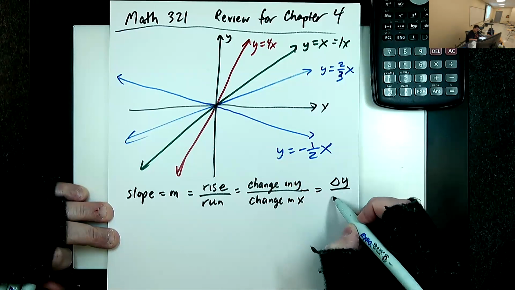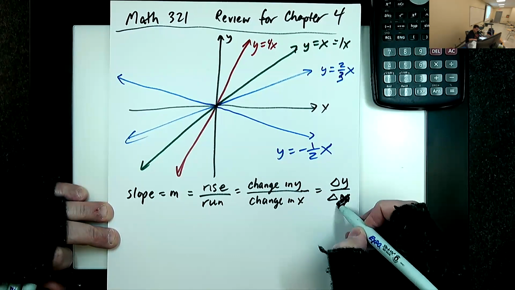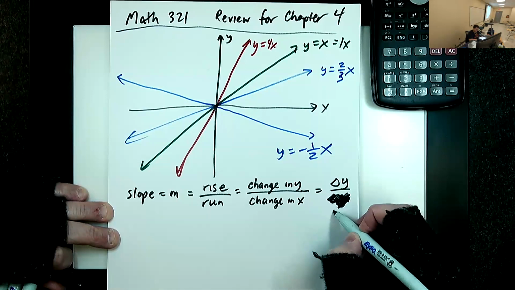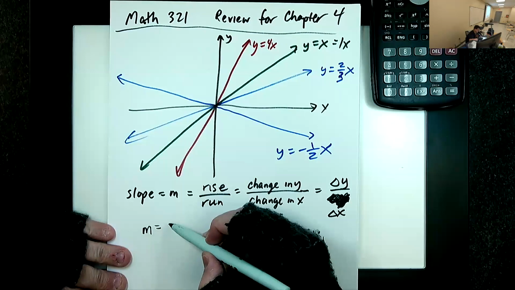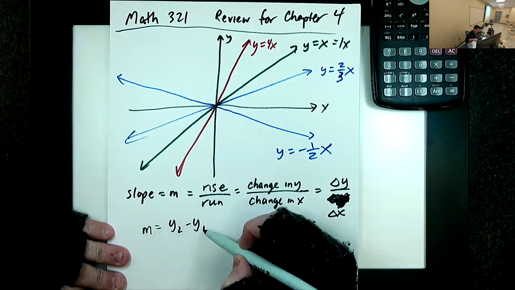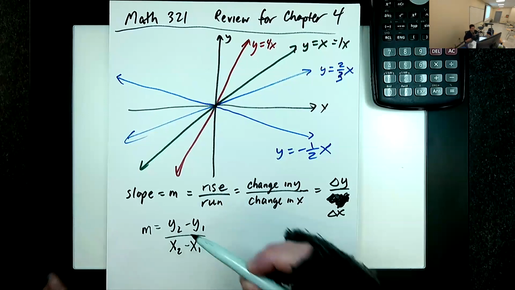We use delta to represent change, delta y over delta x. And we had a formula for the slope. We could calculate it.